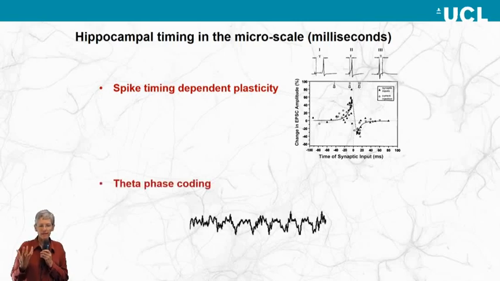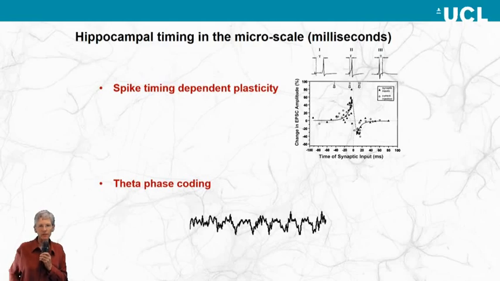The other is in theta. Although theta itself is a phenomenon that unfolds over fractions of a second, so tens or hundreds of milliseconds, there are actually phenomena within a theta cycle that operate on the millisecond time scale.